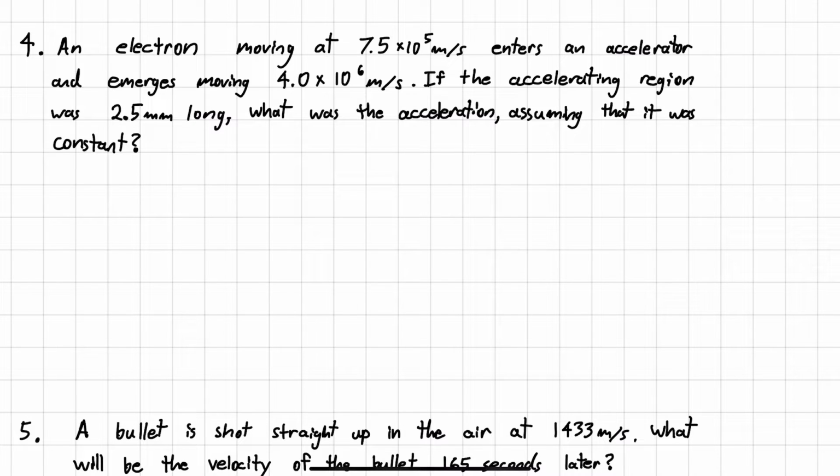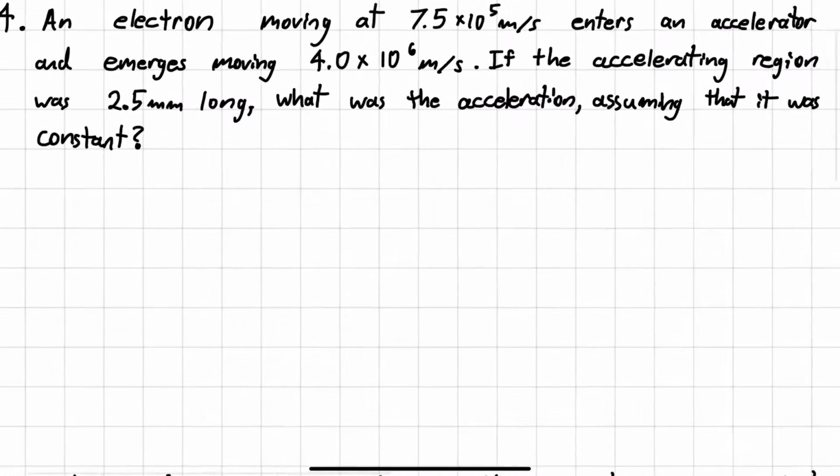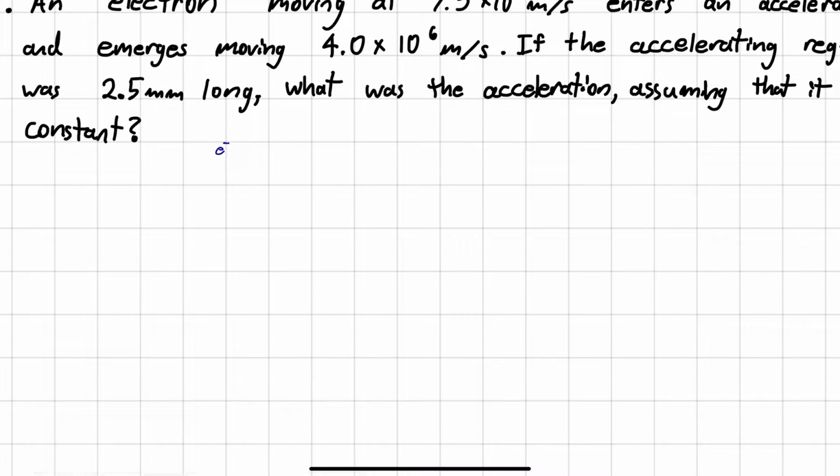So let's draw a little diagram on what's happening here. So we have an electron, and it's moving at 7.5 times 10 to the 5 meters per second. And then it enters into an accelerator.